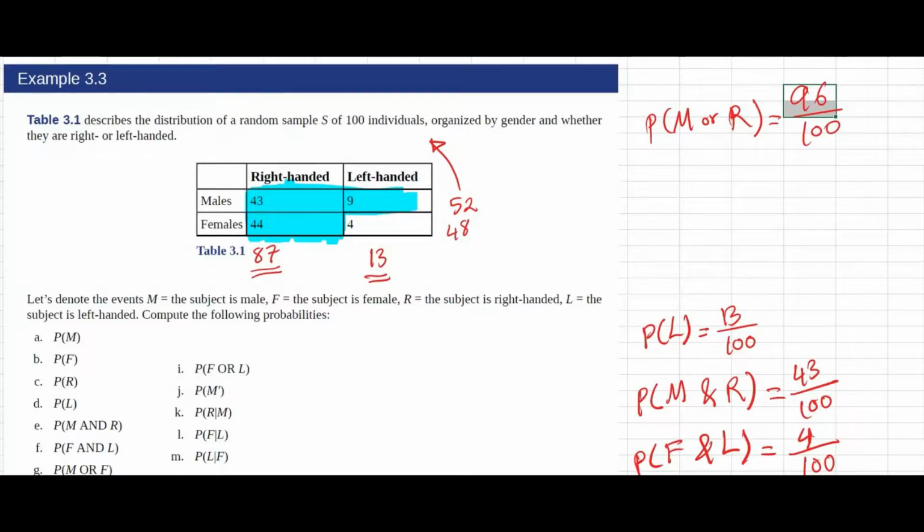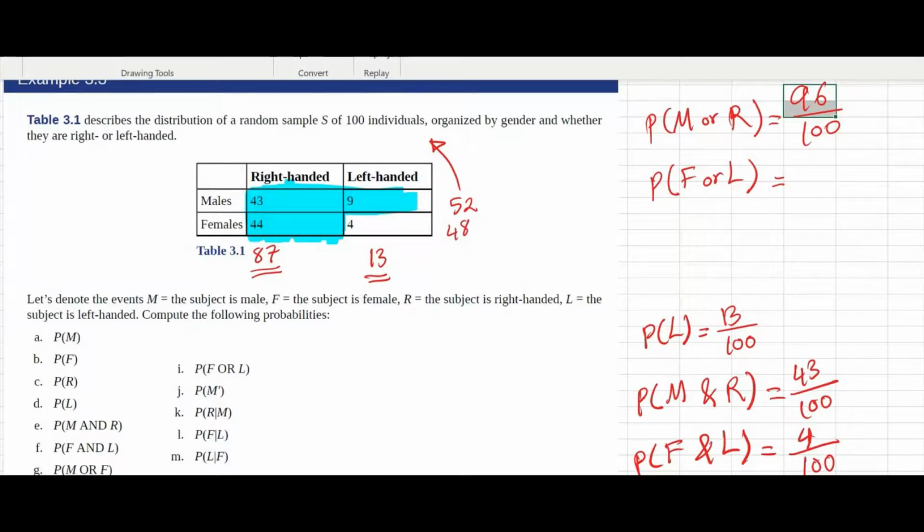Next, we will find the probability of selecting a female or left-handed. Remember, again, when we have an or event, that means all of the events that are either in the first event or the second event or in both of them without repetition. That means we're looking at all of the females, all of the left-handed people, even the ones who are females, without repeating that.